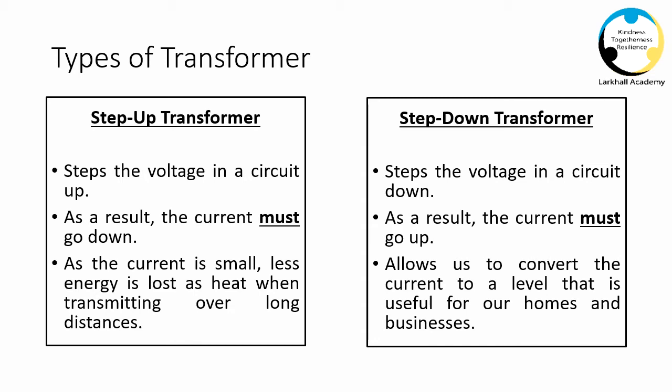The reason for that is we need the energy to be the same. We can't create energy, and we want to lose as little as possible by doing this. So what we do is we step that voltage right the way up to almost 500,000 volts. It's about 400,000 volts we're lifting this up to when we're leaving our power station. But as a result, the current comes down, and that actually allows the electrical power to stay constant.